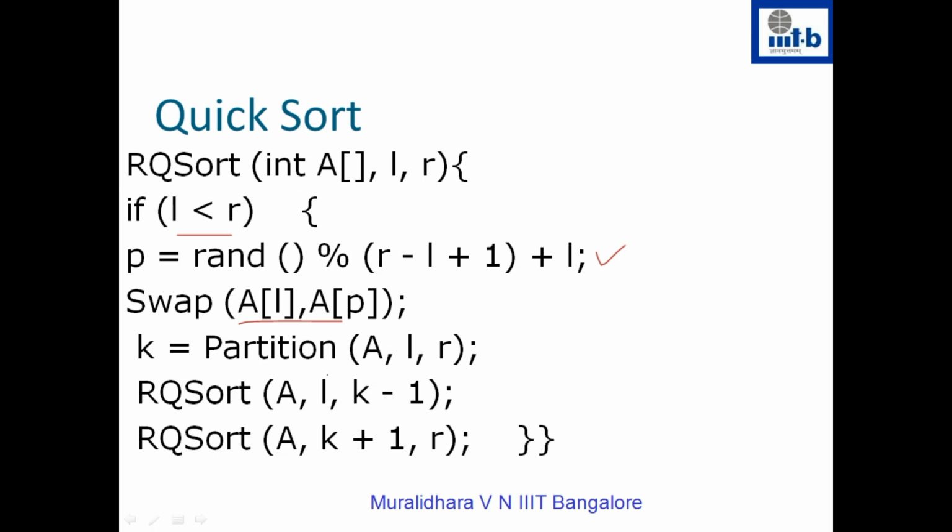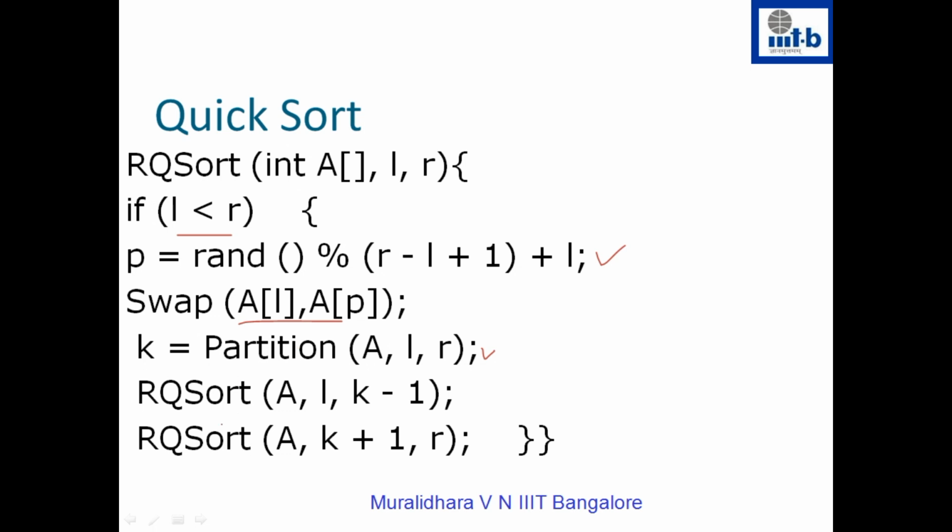This partition function returns me a k such that it ensures that this A of P that I have picked, which is in A of L, will be exactly at the location k, and anything to the left of k will be smaller than or equal to A of P, and all the numbers on the right hand side of k will be greater than the pivot.